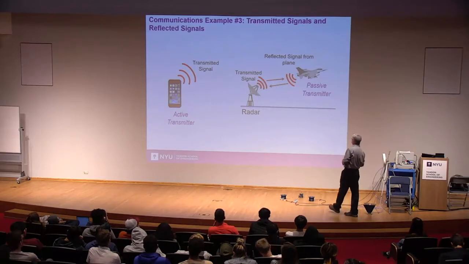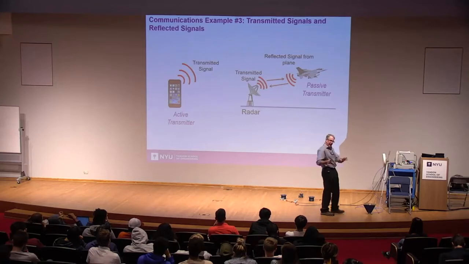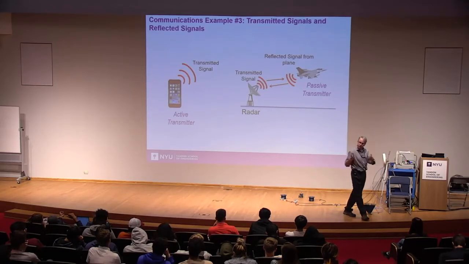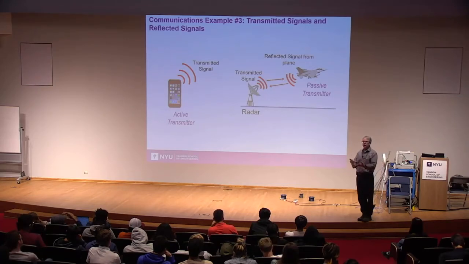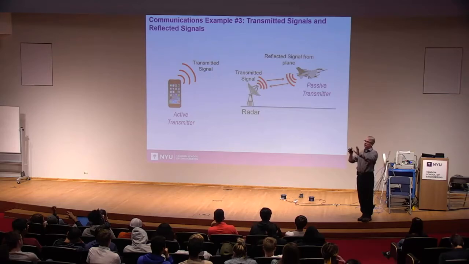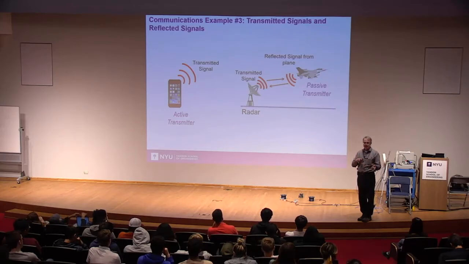But let's look at another way of communicating. Right now you all have active transmitters. Some portion of the time when you're asking for a website or making a phone call, you're sending a signal out. You're actively sending sine waves out that have information encoded or modulated onto them. And that's how you're able to communicate, by sending out an active transmitter. But radar works slightly differently.